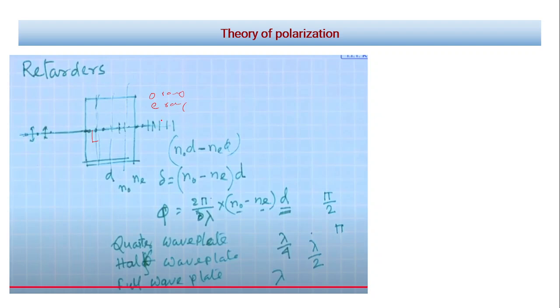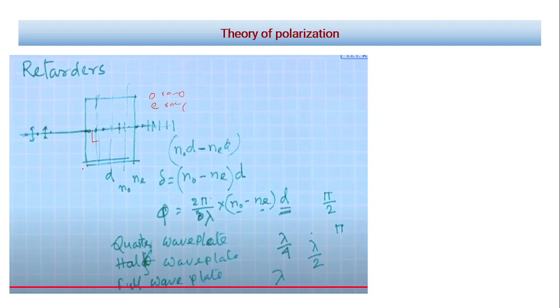Because outside it's air, but inside where this special crystal was, direction-wise they were not splitting. Again I'm reminding, direction-wise they are not splitting, they are following the same path because the angle of incidence was 0. So they are following the same direction, but for some part of the ray the velocity was reduced, and for another part the velocity was still more.